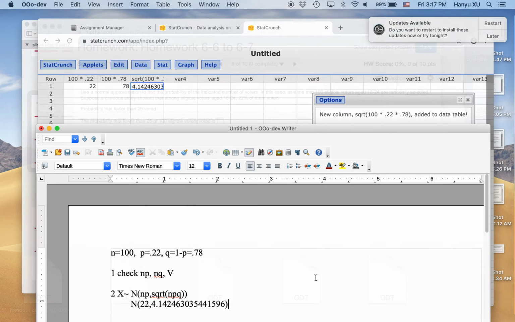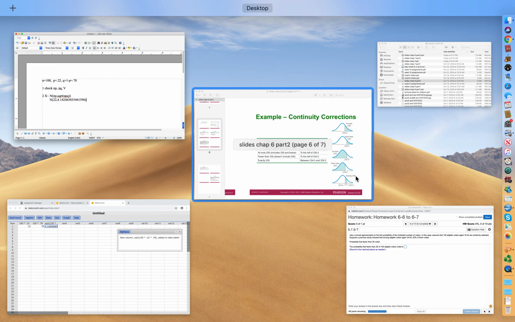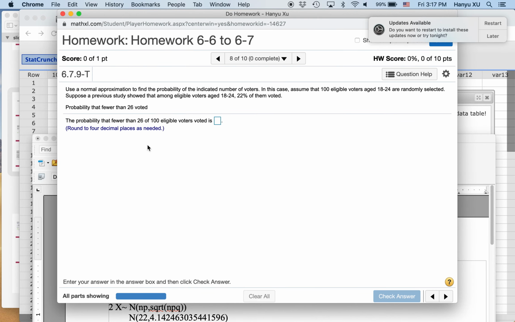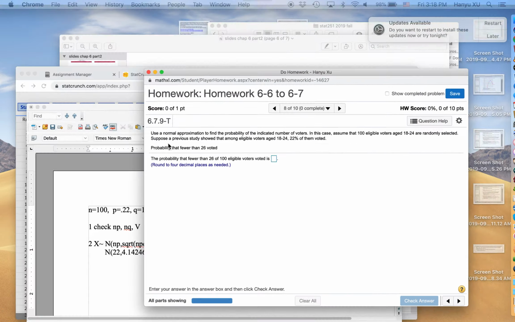And what the question is asking is to get the probability that fewer than 26 of them voted. So you know you need to do the 0.5 correction. For fewer than, what kind of correction should you make?